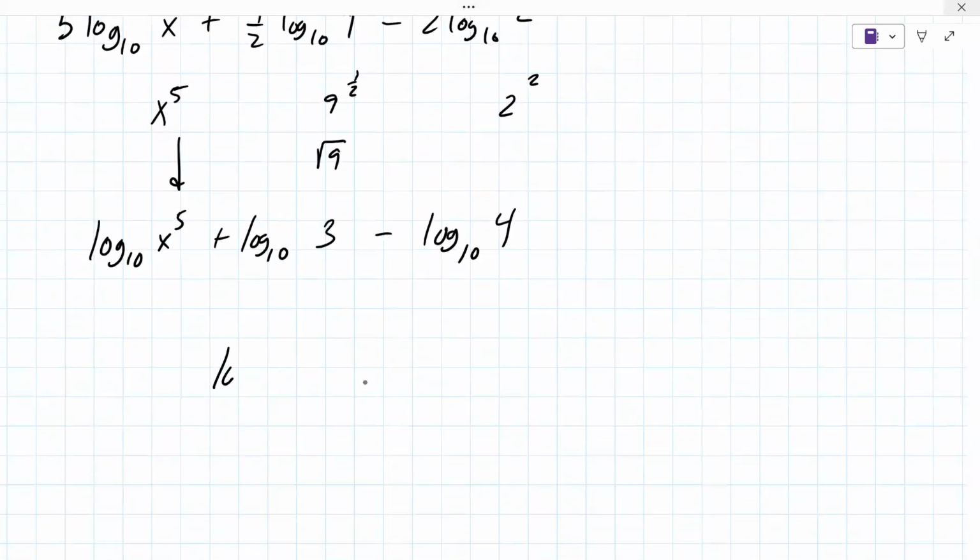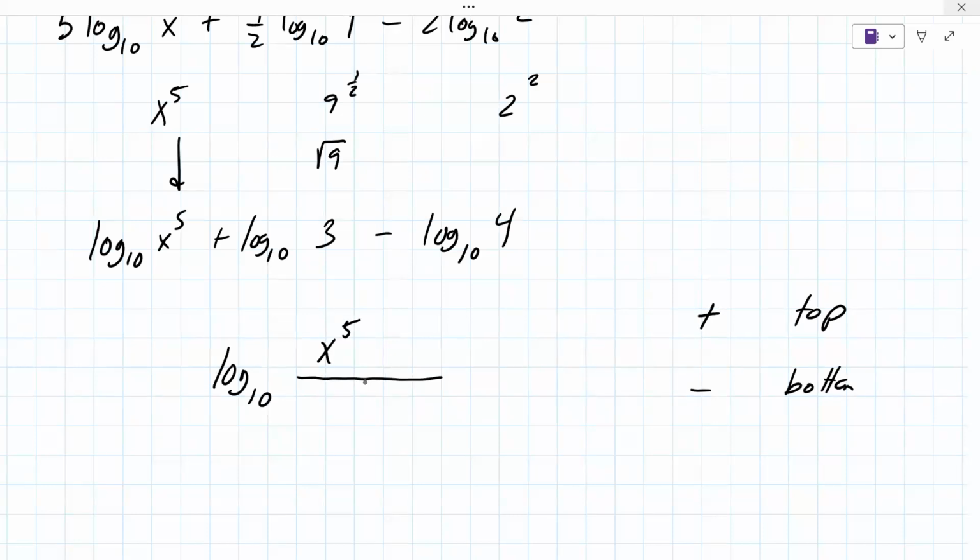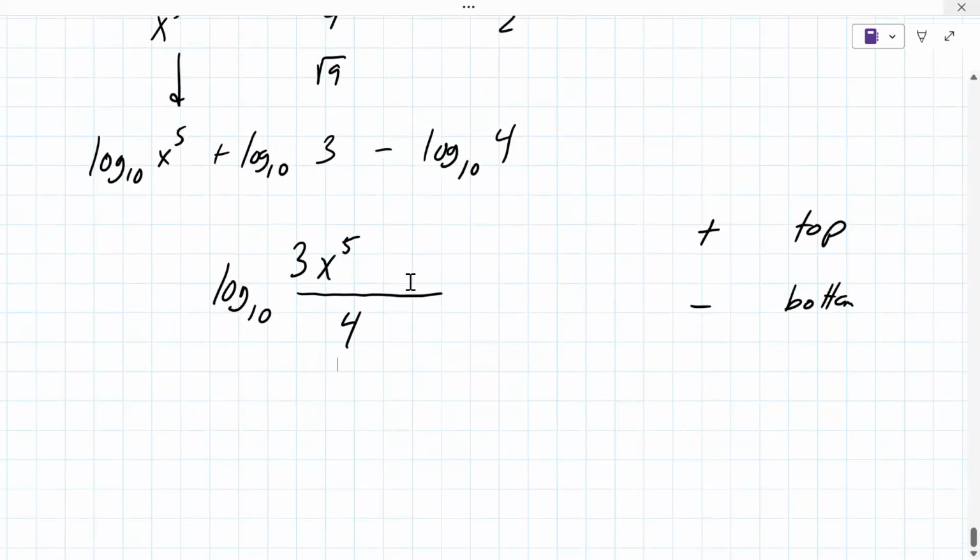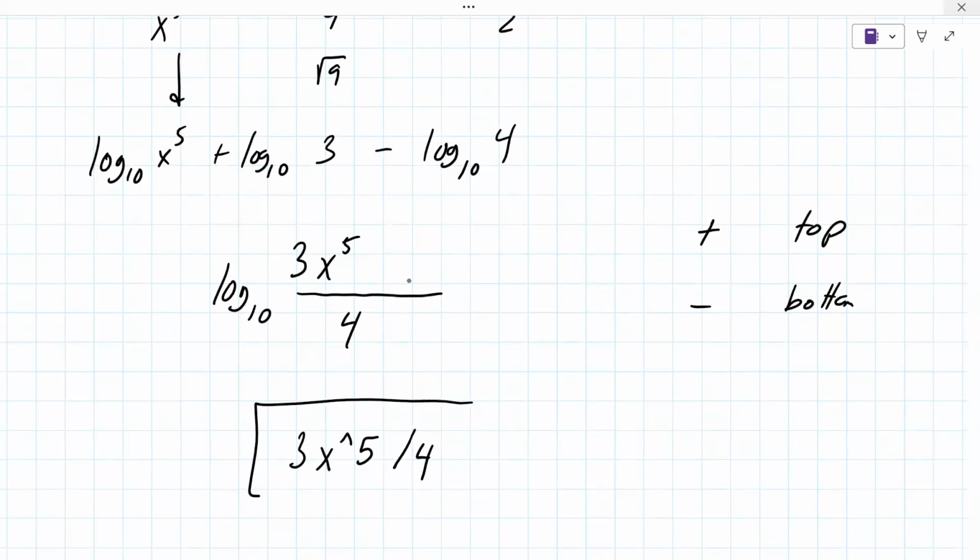All right, now this is where we're going to go to our final answer. So the way this works is if it's positive, it goes on the top. If it's negative, it goes on the bottom. So x to the fifth on top with a 3, and then 4 goes on the bottom like that. So in terms of how you enter it in that box, it would be 3x^5/4 in your box there.